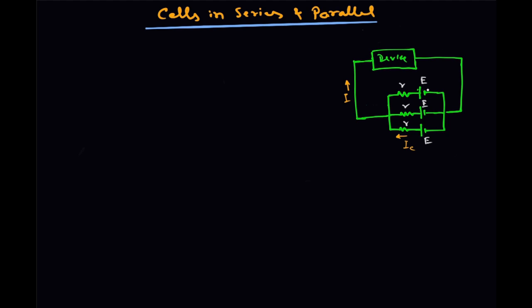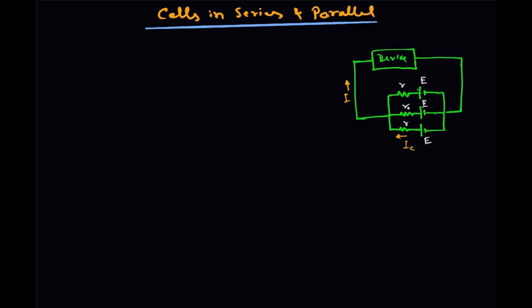The EMF of each cell is E, and the internal resistance is R. For all these 3 cells, it is the same, and each is able to inject current IC into this main branch.